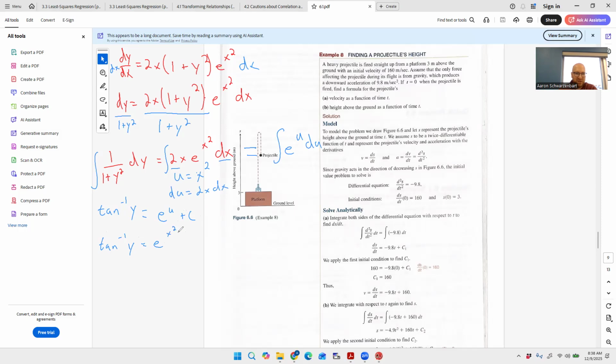Or e to the x squared plus C. They did not give me any initial conditions to solve for on this one, so my C is just going to stay in there. I do need to get it to y instead of inverse tangent of y, so I'm going to take the tangent of both sides. And my lovely answer is y equals tangent of e to the x squared plus C.